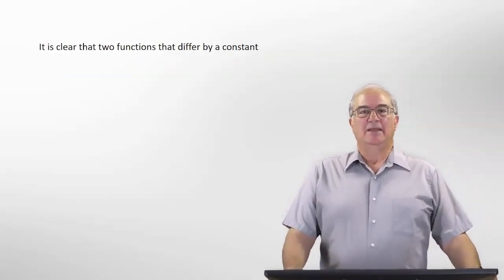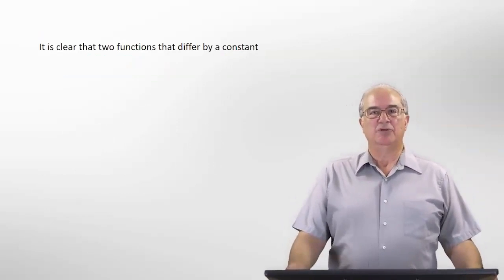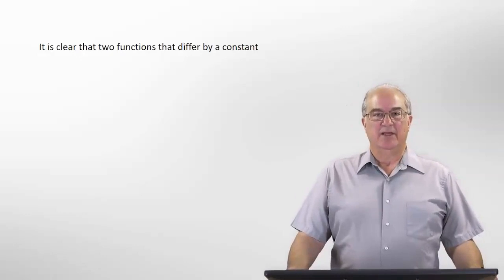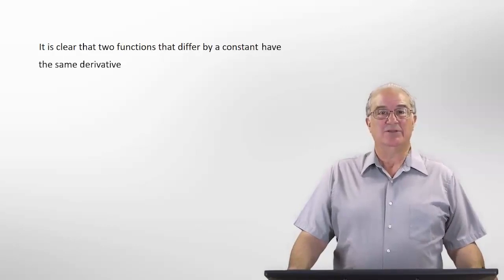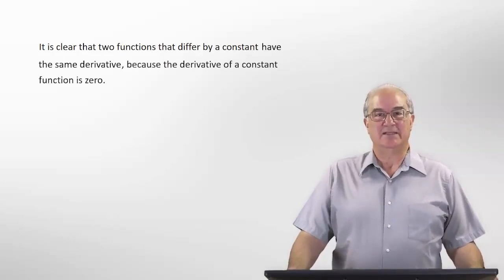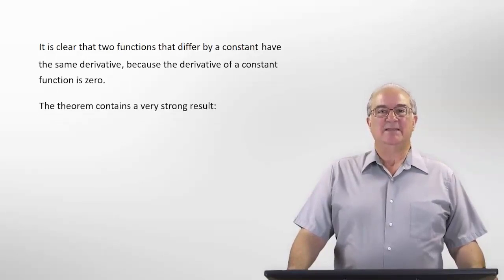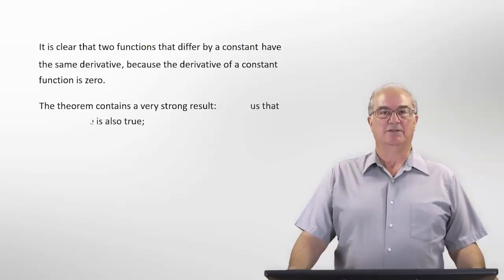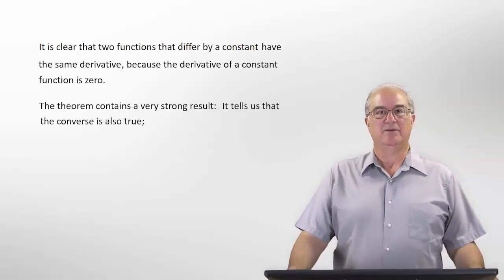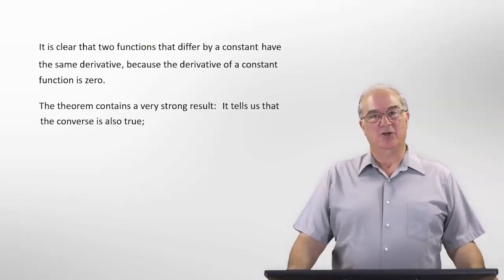So if you think in the opposite direction, and we think of two functions differing by a constant, then clearly their derivatives are the same, simply because the derivative of the constant is 0. What the theorem we just stated is telling us is a very strong result that is the converse of this statement about having the same derivative if they differ by a constant.